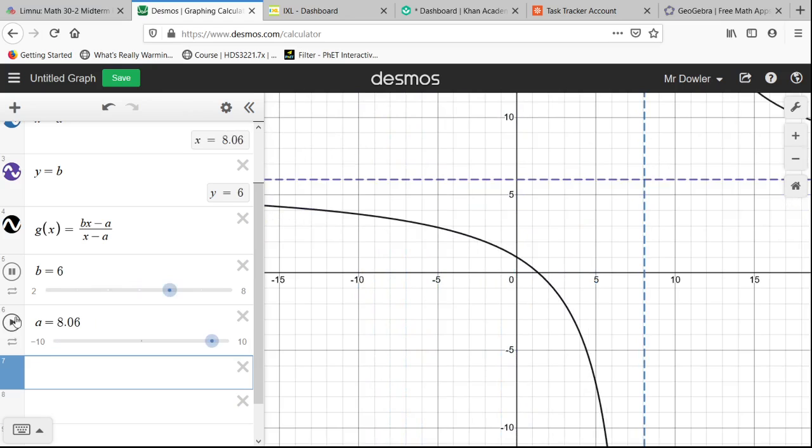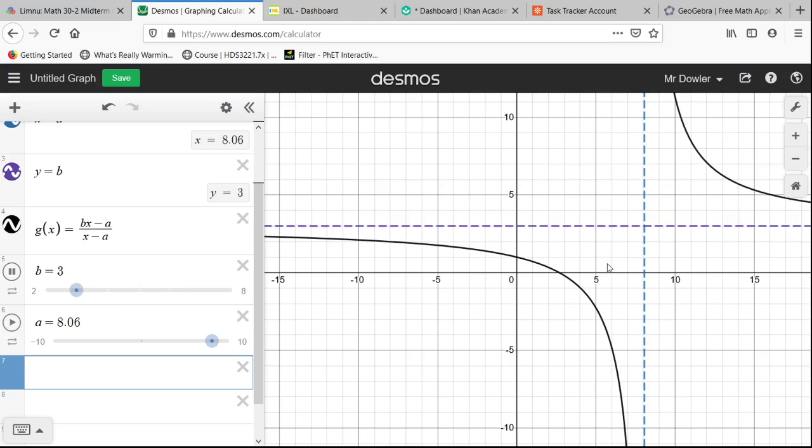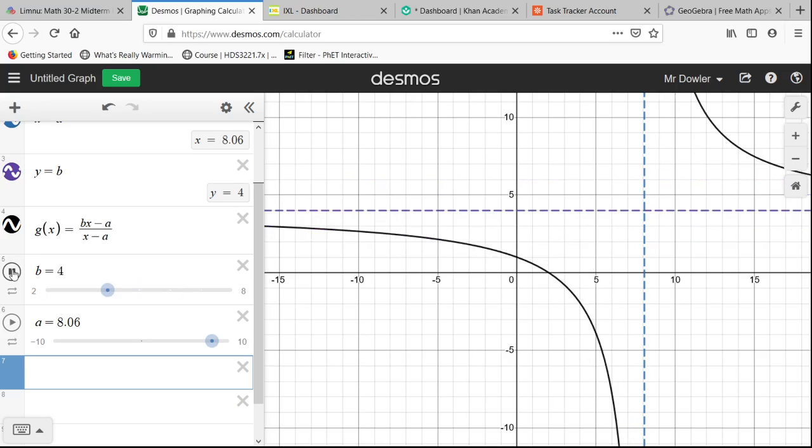So if we pause it right here, sorry, I need to pause both. Right now when x is 5, we have a positive numerator and a negative denominator, so we have a negative value of the function.